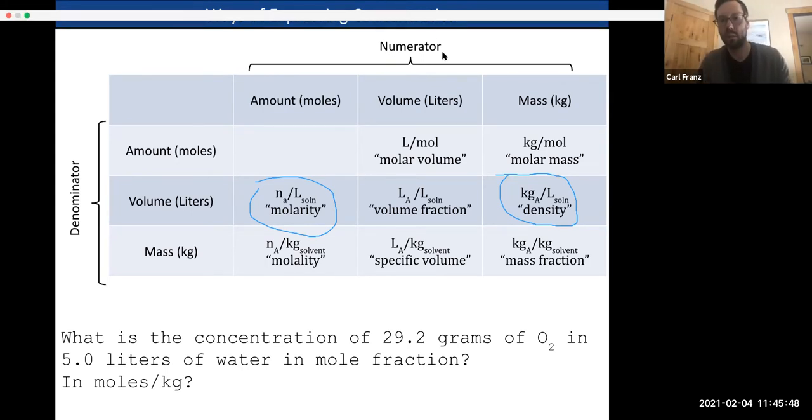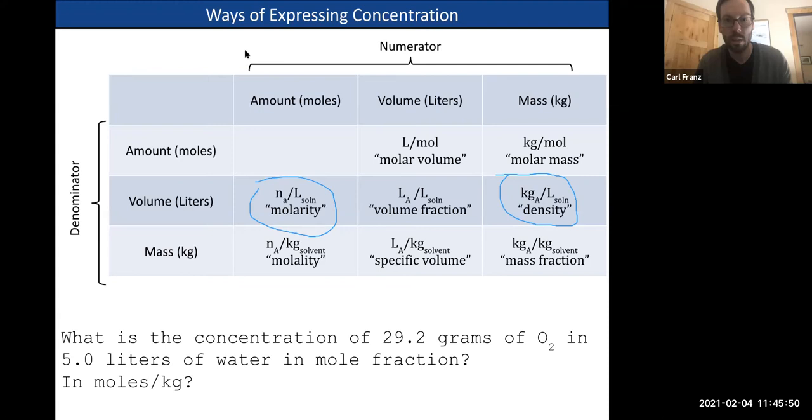So it would end up looking like, to put it in text, the moles of O2 divided by the moles of O2 plus the moles of H2O. Okay, that would give us our mole fraction.